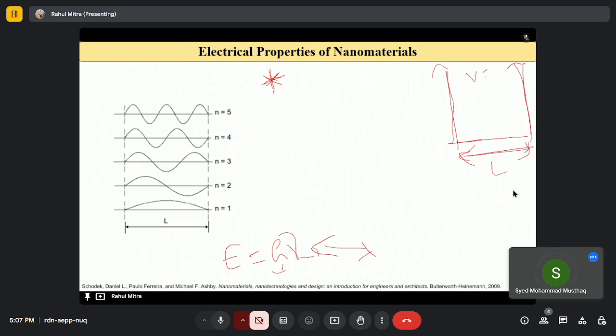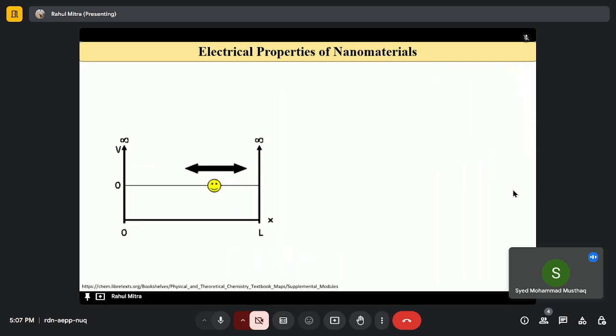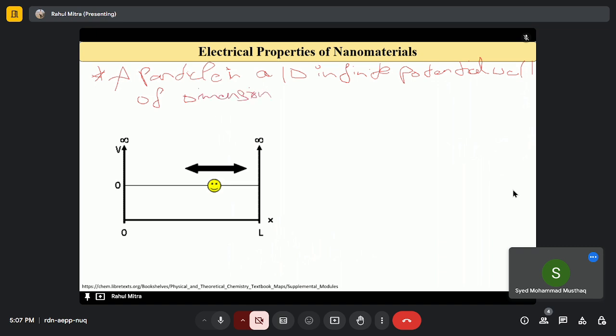Here V is 0. Let me write it again: a particle in a one-dimensional infinite potential well of dimension L. So our length is equal to the thickness of the two-dimensional nanomaterial.